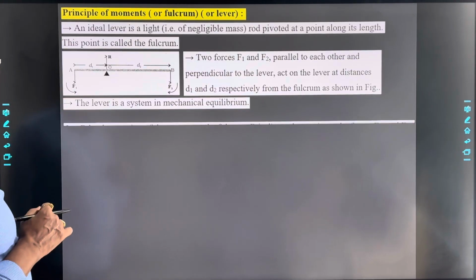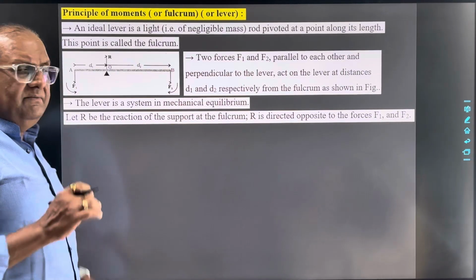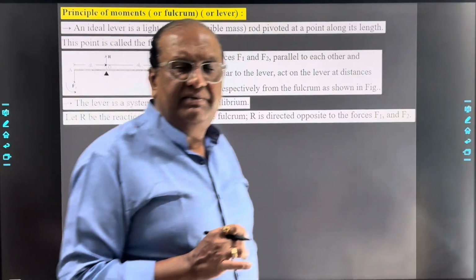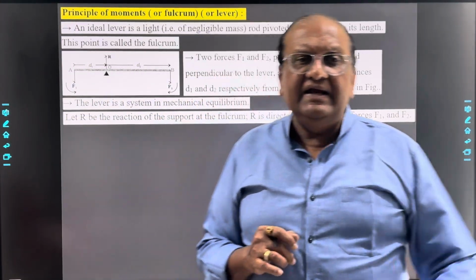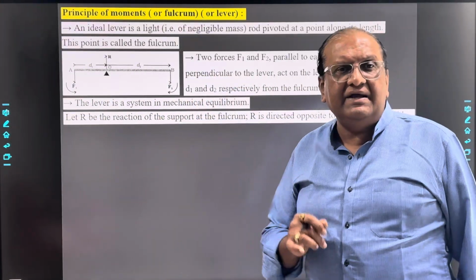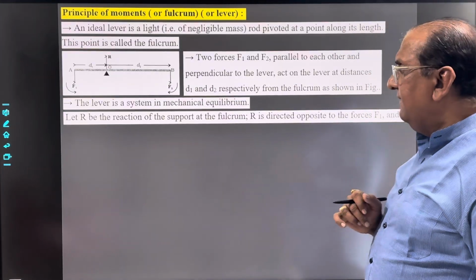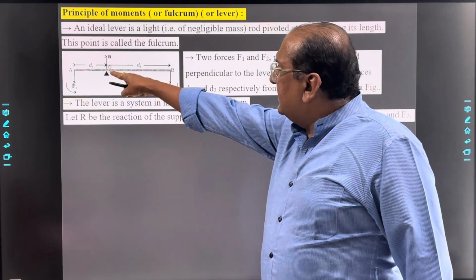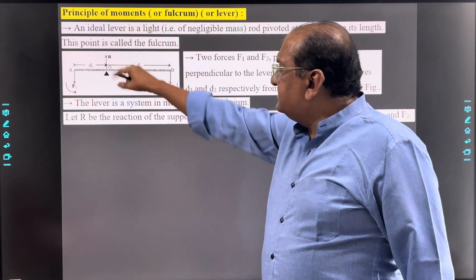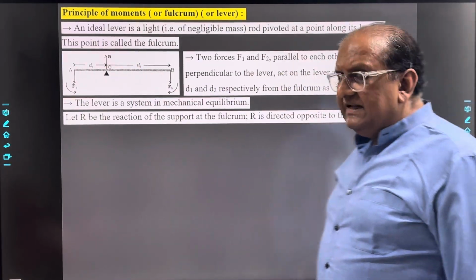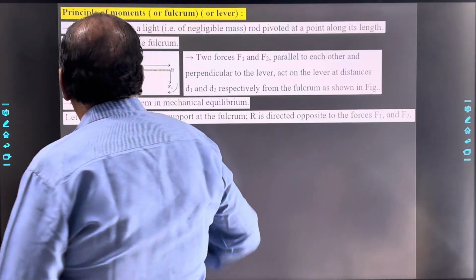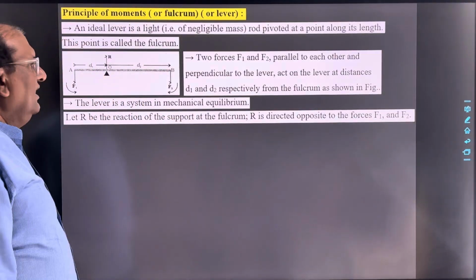So when the system is in mechanical equilibrium, we can say it is in translational equilibrium as well as rotational equilibrium. Here at the fulcrum, the reaction R acts on the rod, or we can say on the lever.